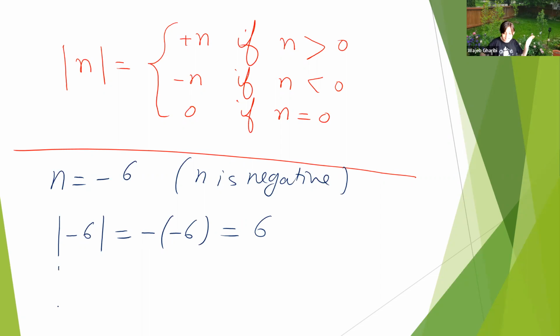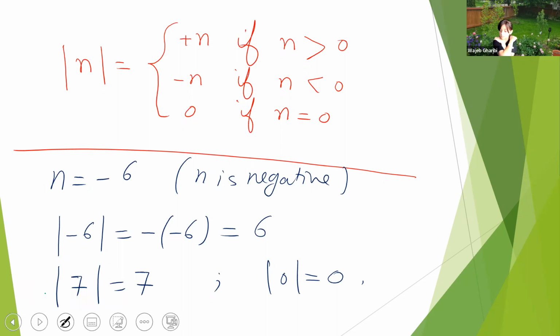And suppose n is 7, which is positive. What is the absolute value? It is positive 7. And what is the absolute value of 0? It is 0. So in general, the absolute value of any number n is positive n if n is positive, or negative n if n is negative, like here, where n is negative 6, less than 0.